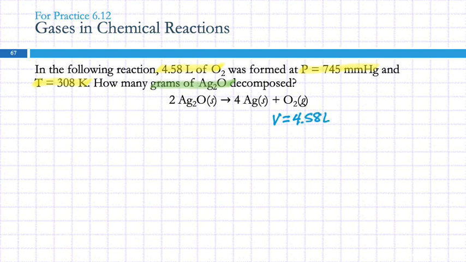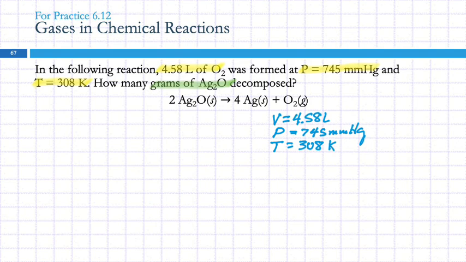And then we also have a pressure and a temperature. Those apply most likely to the entire reaction, but they're of interest in terms of this gaseous product. So we're going to have pressure equals 745, and temperature is 308 Kelvin.